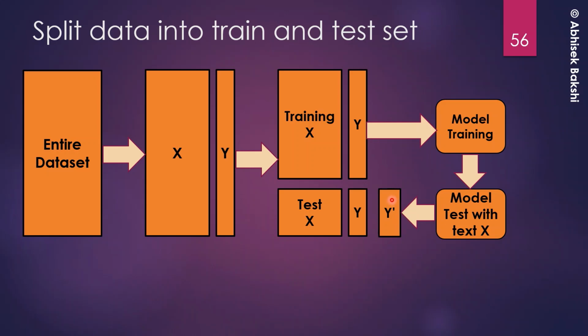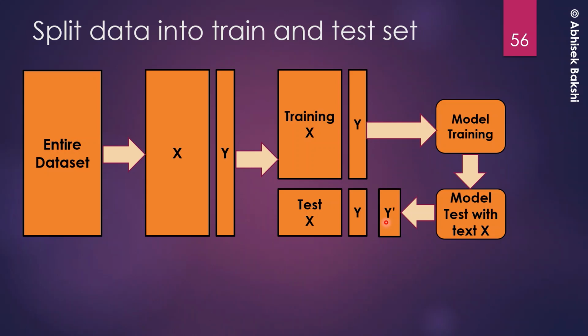Now how are we evaluating how good this model has been trained? Because I have fed this test X into the trained model, and as a result I have got an output Y dash. Now according to my data set, this test X's corresponding Y I already have in my hand, and this Y dash is what the model is predicting.